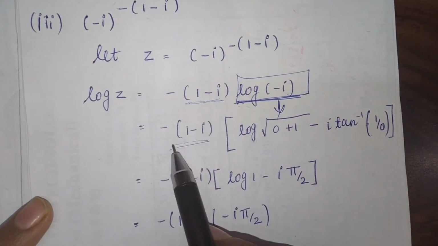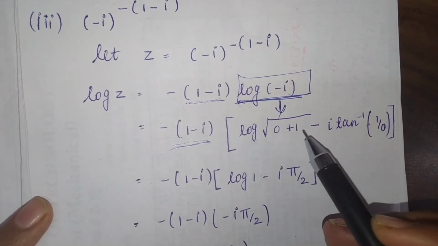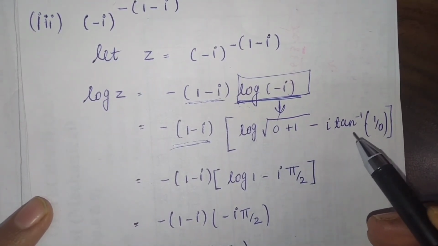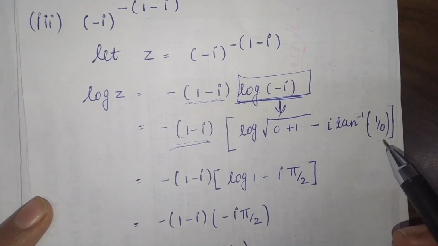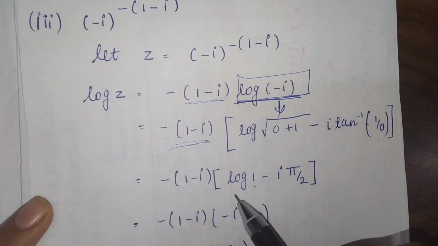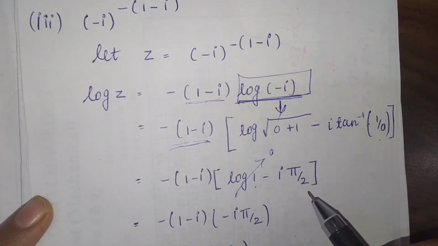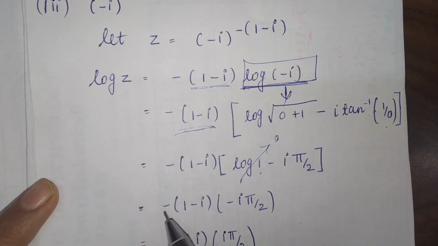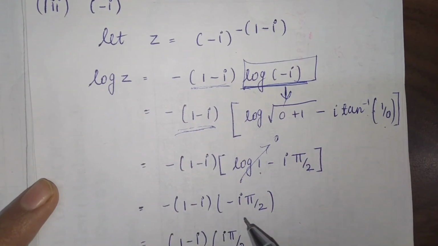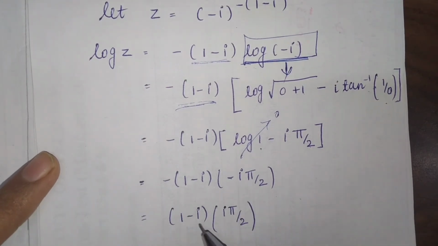This term will remain as it is. So here we will get log of square root of (0 + 1) plus (minus i) into tan inverse of 1 by 0. The value of log 1 is 0, and here tan inverse of 1 by 0 is pi by 2. So we will get (minus 1 minus i) into (minus i pi by 2), but this minus minus will become positive, so we will get (1 minus i) into i pi by 2.